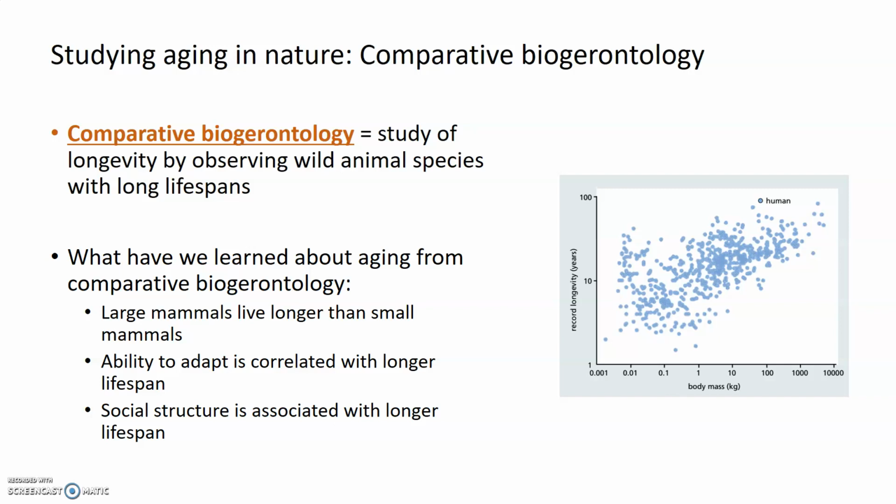And so all of these things together, we've learned some pretty interesting things about aging by studying species in the wild, as well as by studying model organisms, cells, and people in the lab space.